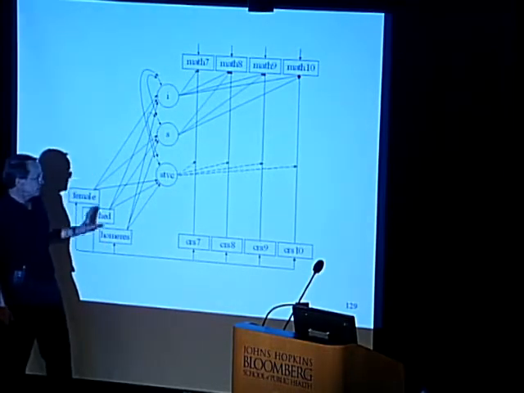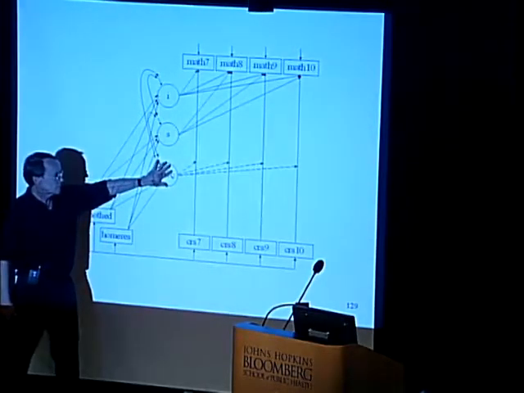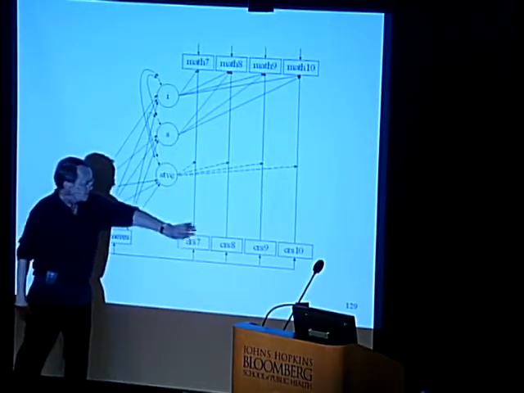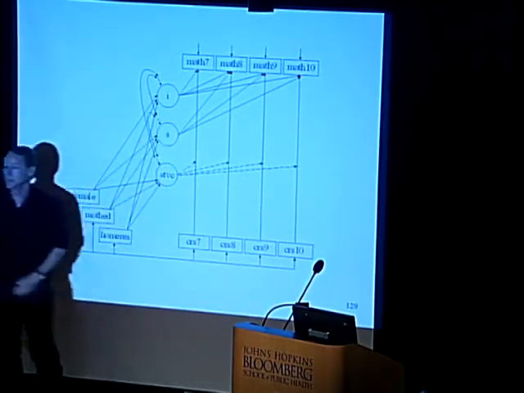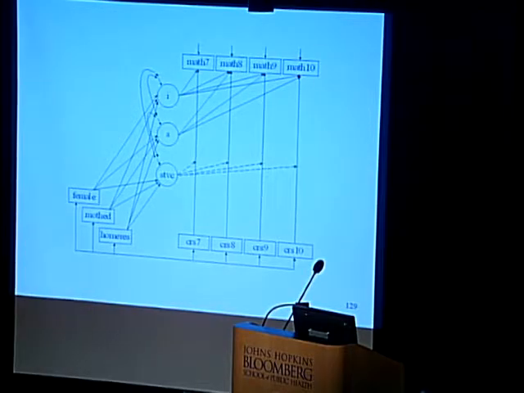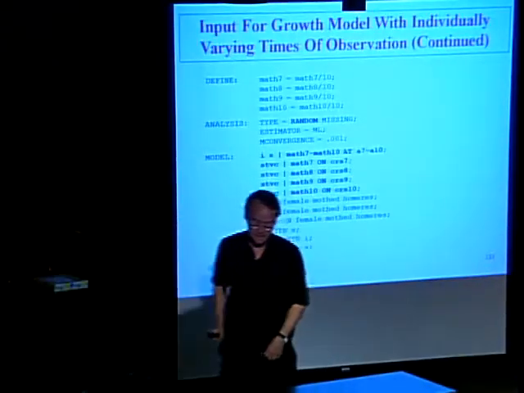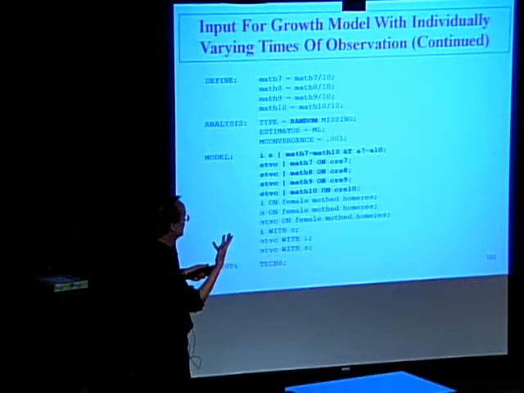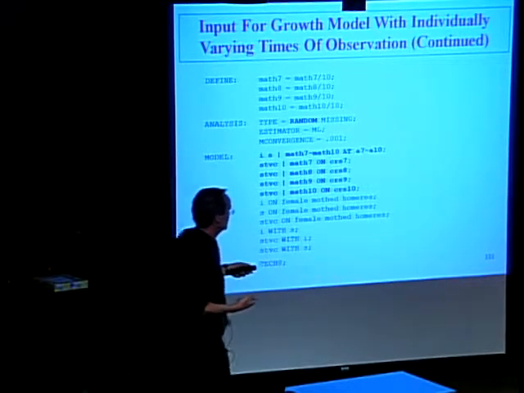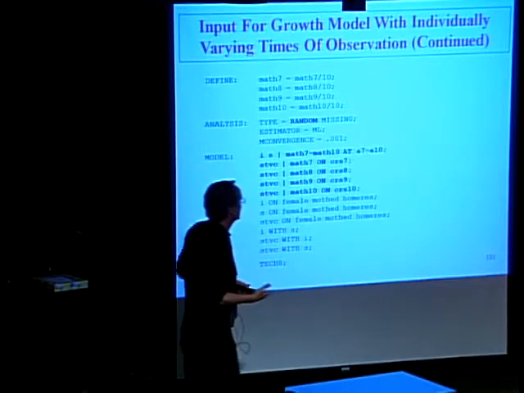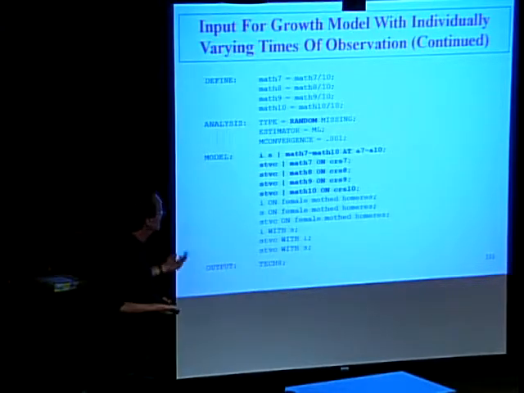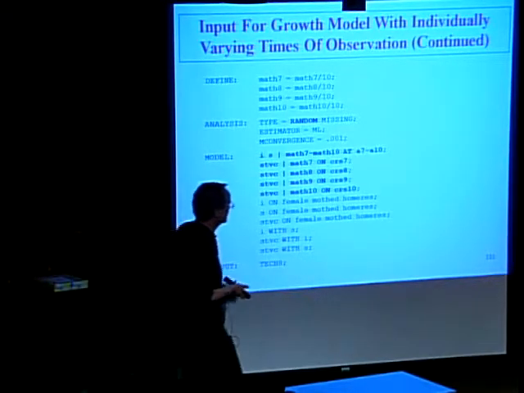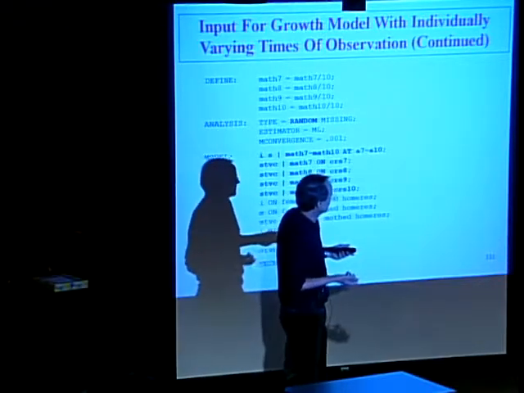So home background influences the size of this coefficient for a person, which influences how much course taking influences math achievement. It's an interesting indirect effect. Home background indirectly affects math through STVC, and well, maybe that's not what I should stress. Maybe I should stress instead it's an interaction effect, right?